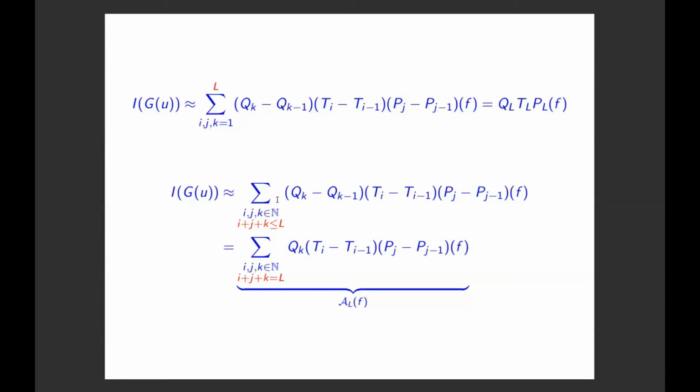And one thing that is happening here is we avoid the case where all indices i, j, and k are large simultaneously, because this restriction excludes this case. And so that is a large savings in terms of computational cost compared to this single level algorithm here.